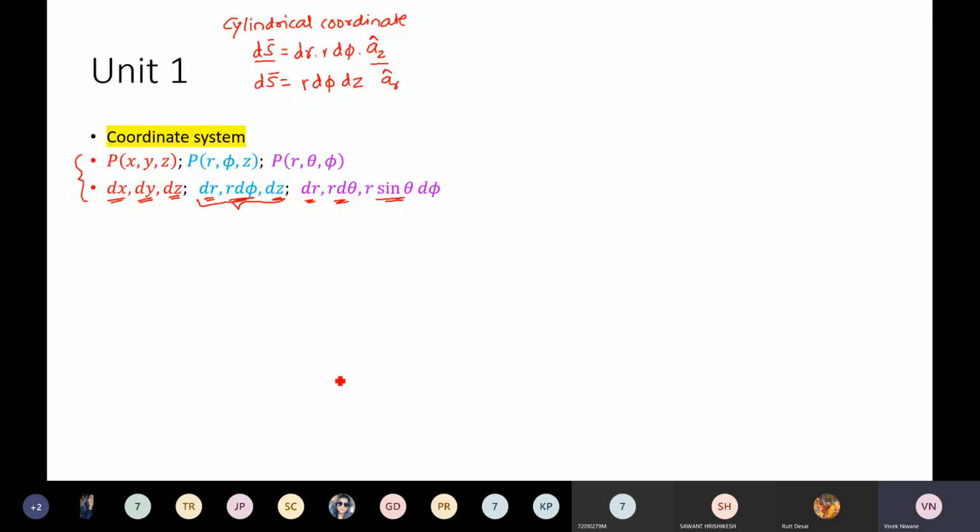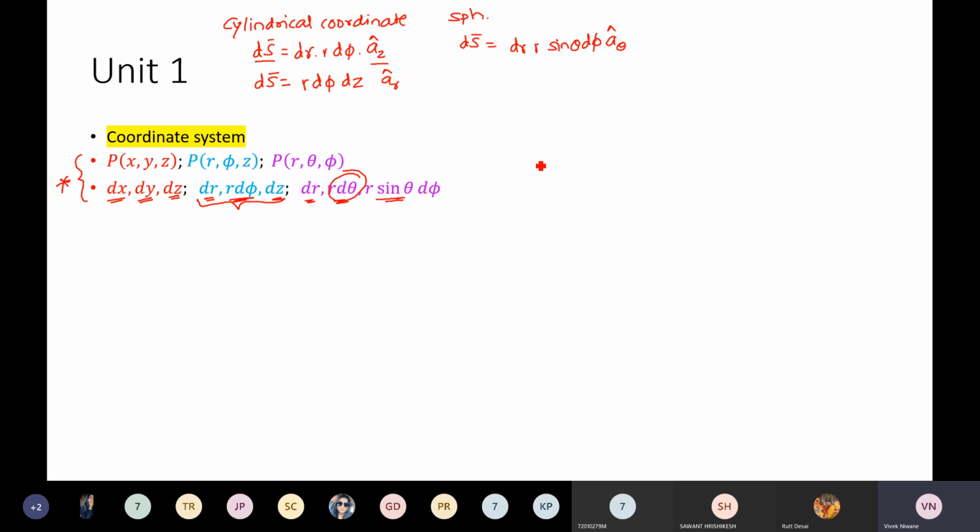Even if you do not remember the diagrams, don't worry. As long as you remember only these two bullets, you can write down every equation, any equation. Let us say in case of spherical coordinate system, we want a dS bar with a theta as a direction. So leave the theta term. Take the other two terms, dr, then r sin theta d phi.